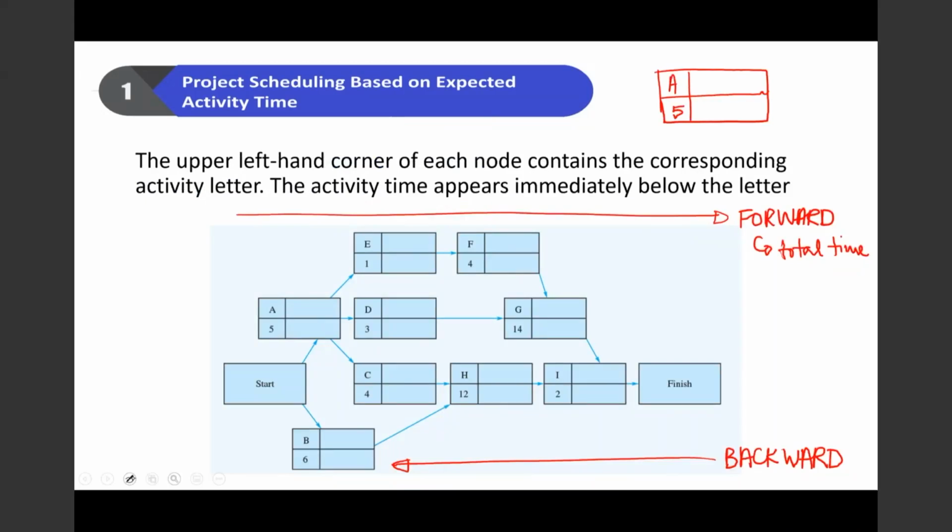As we know, in the forward pass, you will be able to identify the early start and early finish of the activity.